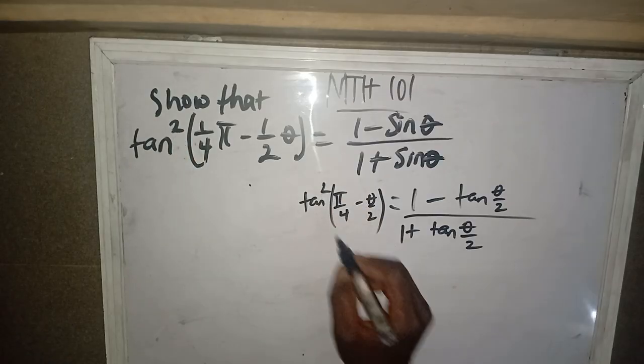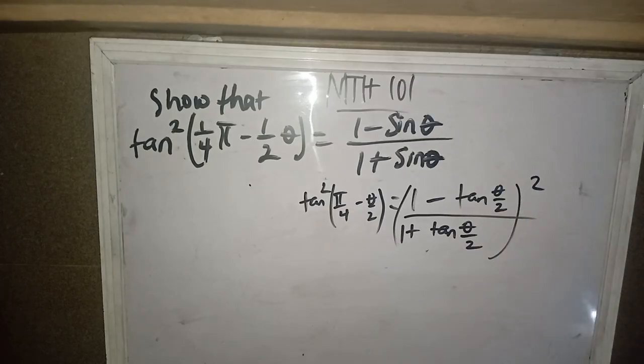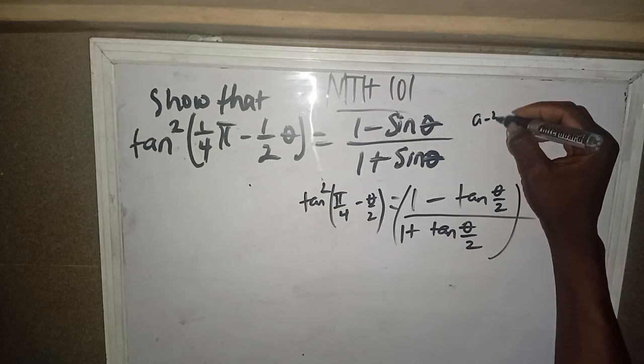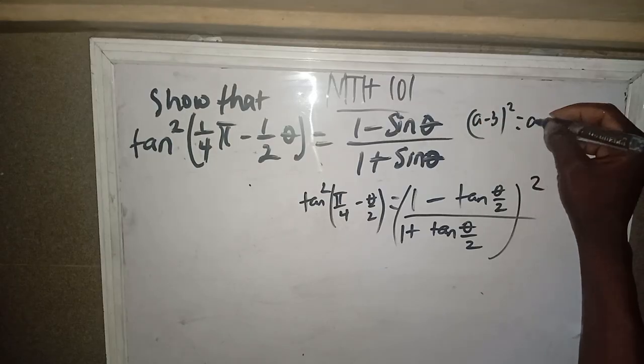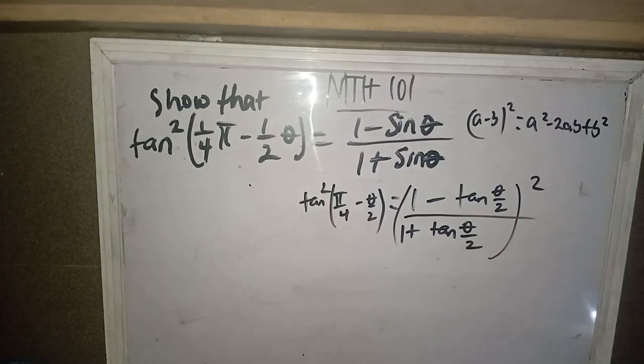If we square this, and also we square this. Do we get? So if we have (a minus b) square, it's the same thing as a square minus 2ab plus b square, right?